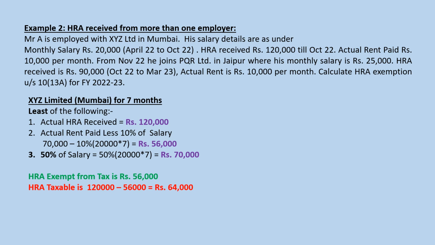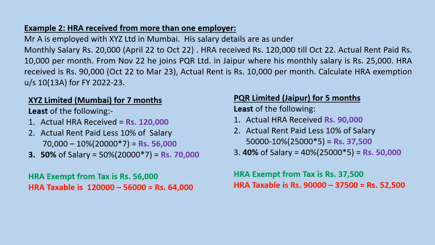Actual rent paid less 10% of the salary will be 70,000 minus 10% of 20,000 for 7 months, that will be 56,000, and 50% of his salary, since it is in Mumbai, so it will be 70,000. So HRA exempt from tax is least of the above three, that will be 56,000. So the HRA taxable is 1,20,000 minus 56,000 is 64,000.